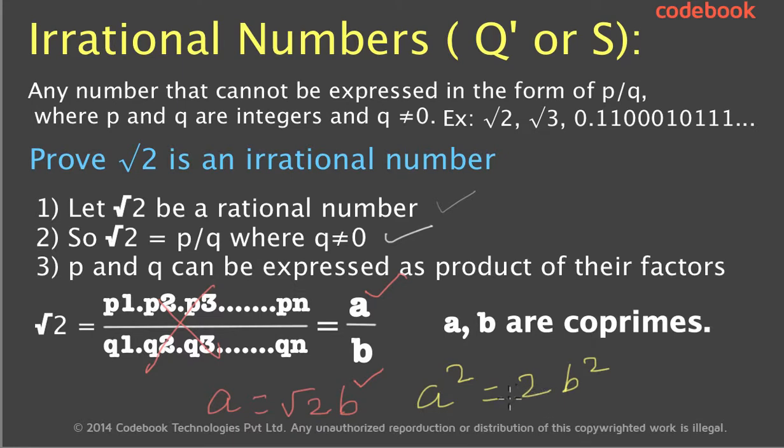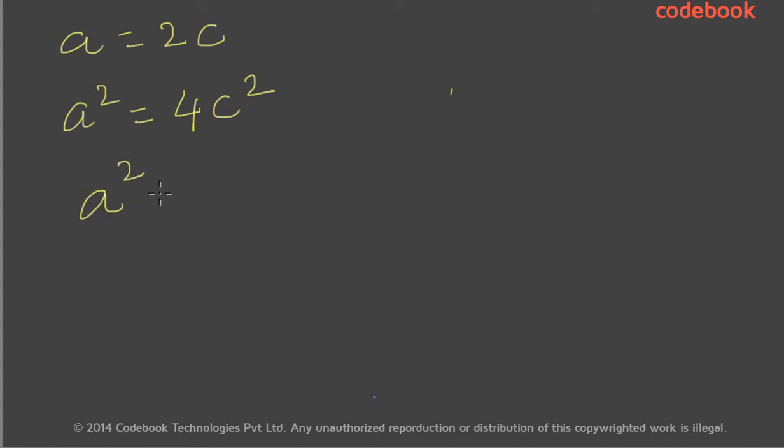So we can say 2 divides a. Given that 2 divides a, we can express a as 2 times c, where c is some integer. Now taking square on both sides, we have a square is equal to 4c square. But we also know from the previous statement that a square is equal to 2b square.